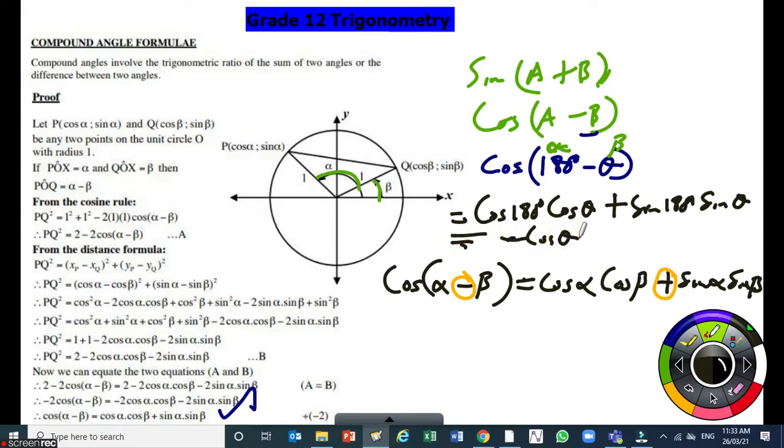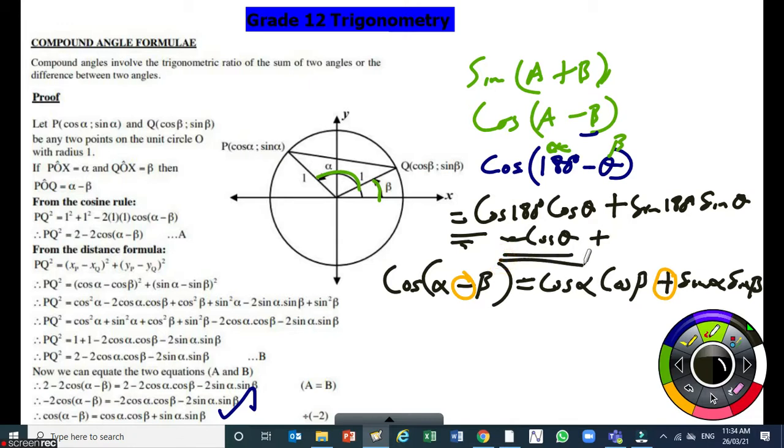Minus cos theta plus. What is sine 180? 1. Equal to what? You have got a calculator. Sine 180. Zero times sine theta. Zero. So you get this, minus sine theta.